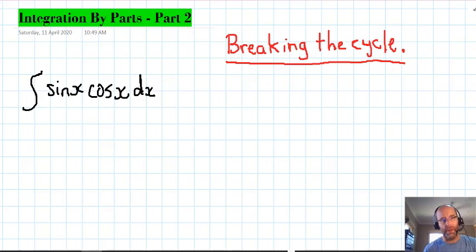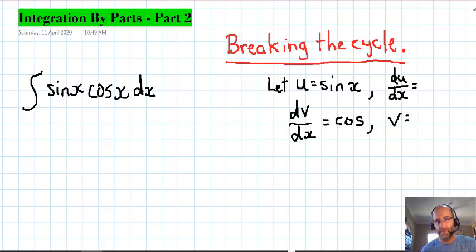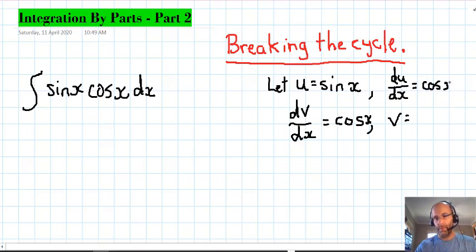Consider the integral of sine x cos x dx. This is the first of two examples. If we were to let u equal sine x and dv dx equal cos x, du dx would be cos x, and v would be equal to sine x.